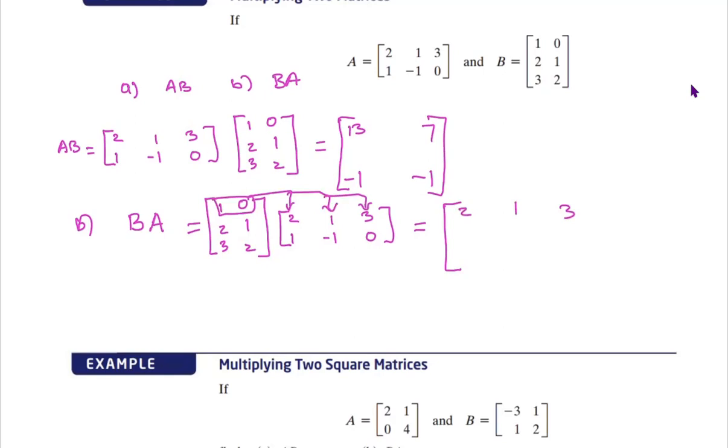Now let's work with the second row, and then we will distribute it over to all of them. We start with column 1. That's 2 times 2 plus 1 times 1 equals 5.